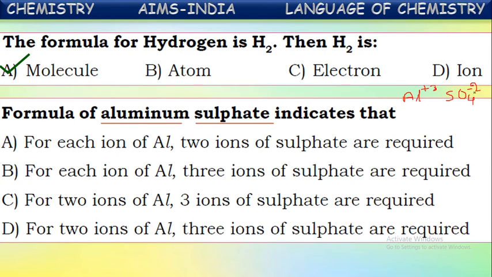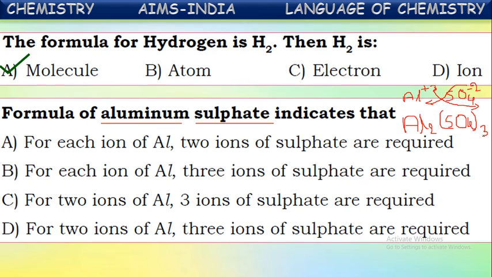So when you combine these two by using the crisscross method, as there is no common factor, this 2 will come here, and this 3 is written down. As it is a group of atoms, this 3 is kept after writing brackets. So it becomes the formula Al2(SO4) taken thrice.